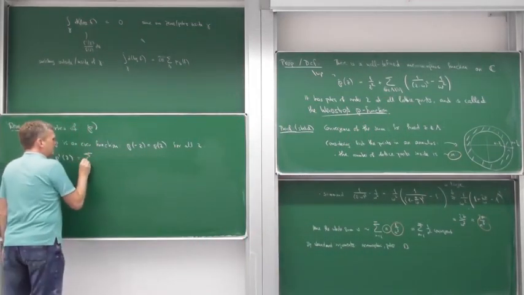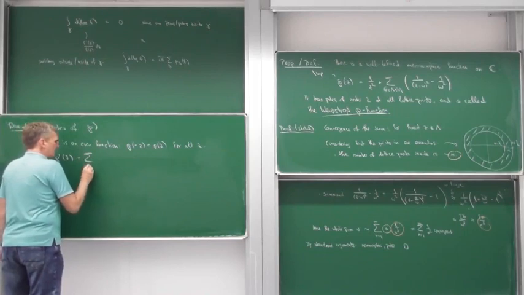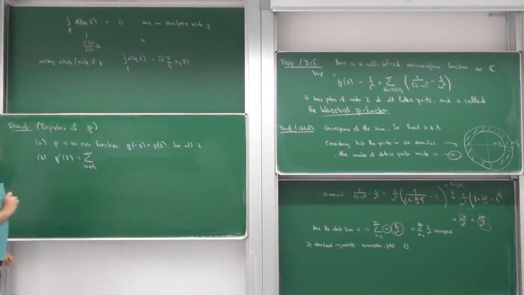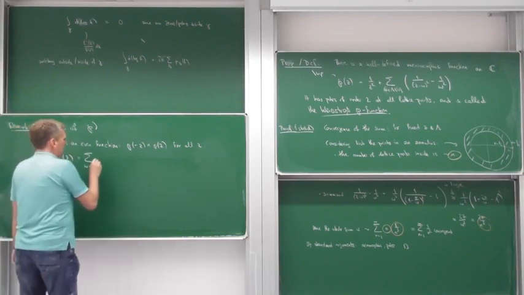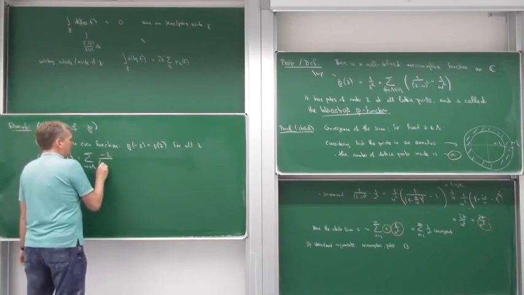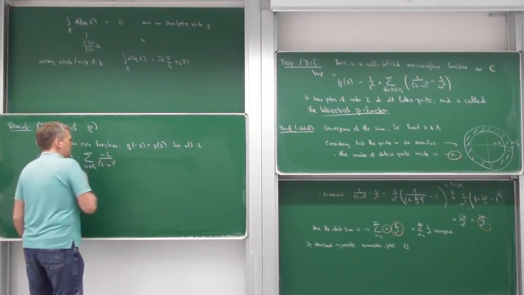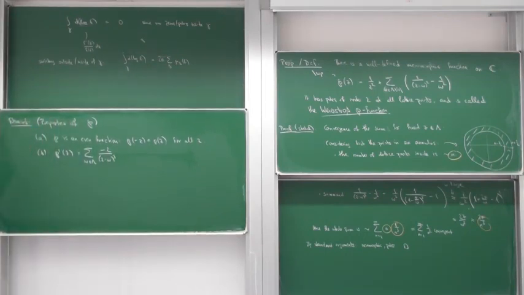That would hence be a sum over all omega in the lattice lambda, and then we get minus 2 over z minus omega cubed. So that looks actually simpler than the original function because all the constant additional terms drop out at the end.